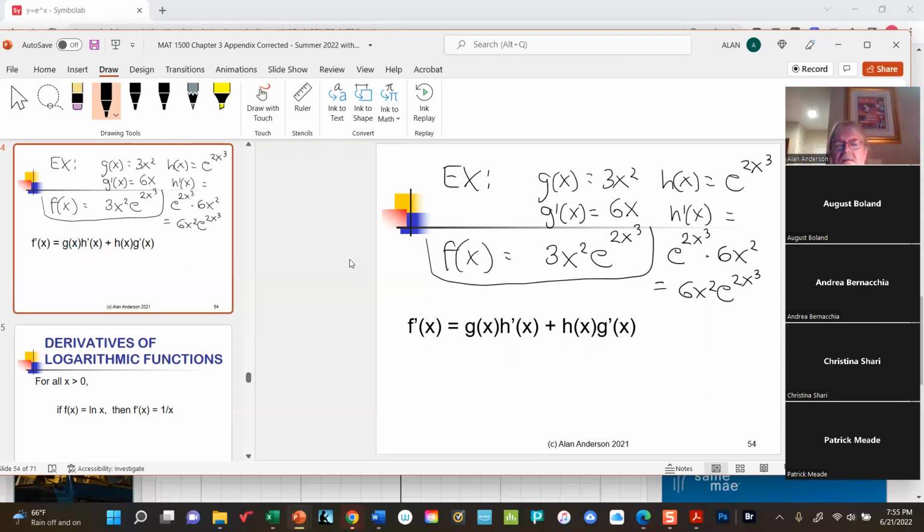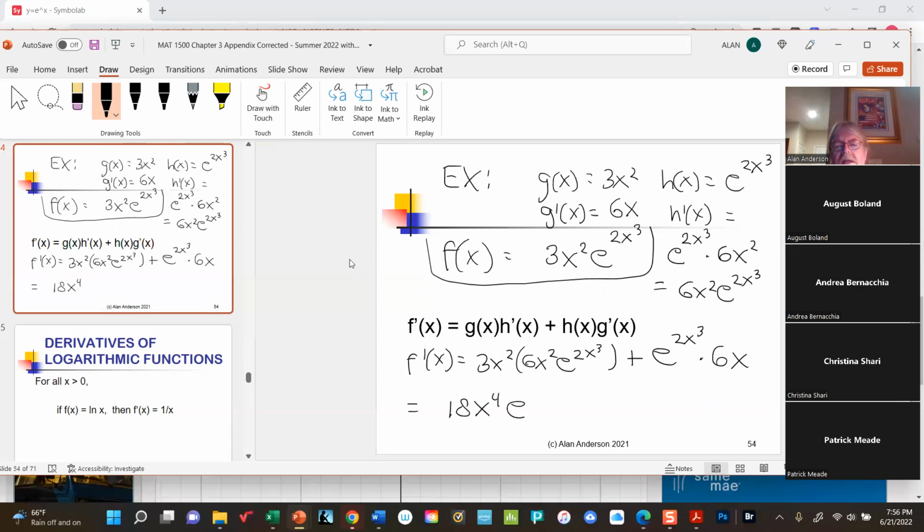So plugging them in, you get 3x squared. You can see now by writing it like this, that makes it a little easier to simplify it. Then you have e to the 2x cubed times 6x. So when you're done, you can rewrite it as 18x to the 4th, e to the 2x cubed.